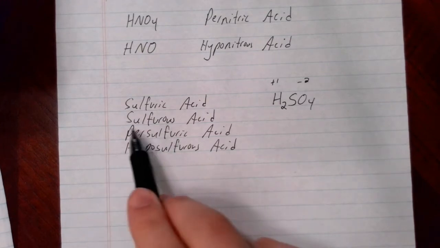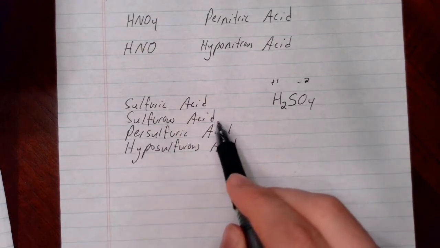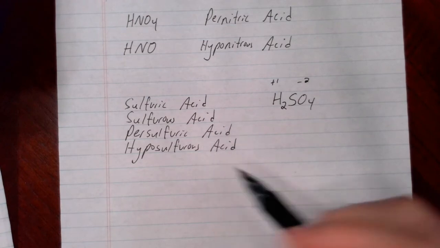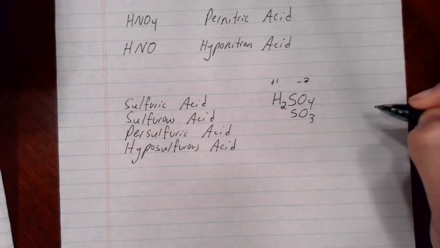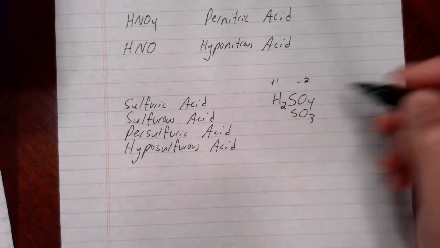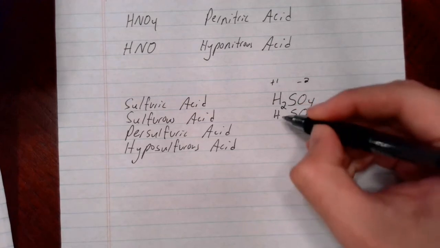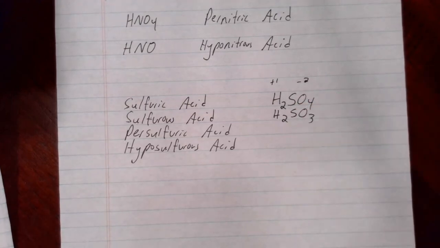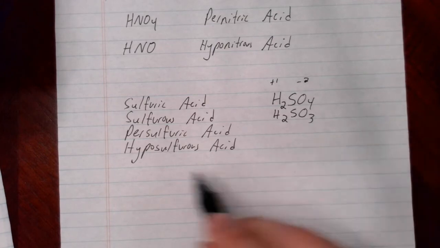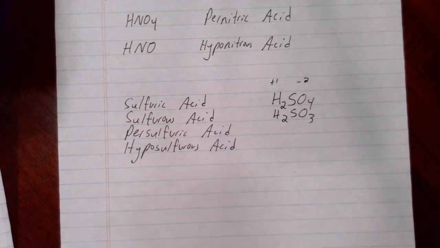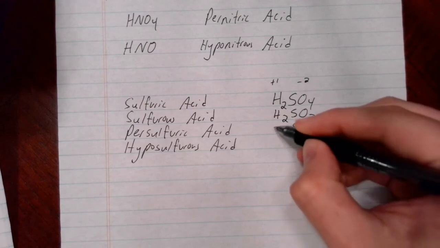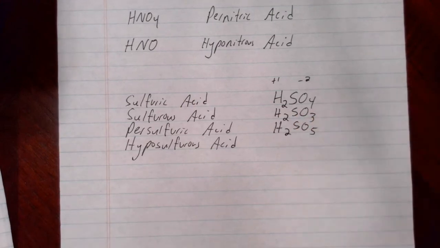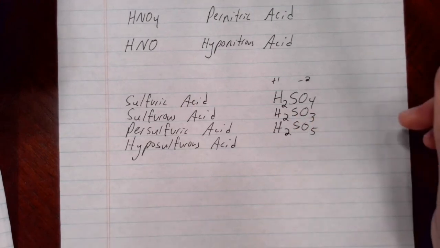Sulfurous acid corresponds to the ite polyatomic, or the ate minus 1. Either you know sulfite is SO3, or you can just do sulfate minus 1 oxygen. So you have HSO3. You again need to cross the charges and get H2SO3. Persulfuric acid, and again some of these don't exist, I just made this up for illustrative purposes, would have sulfate plus 1, so SO5, and we would write H2SO5 if this did exist.